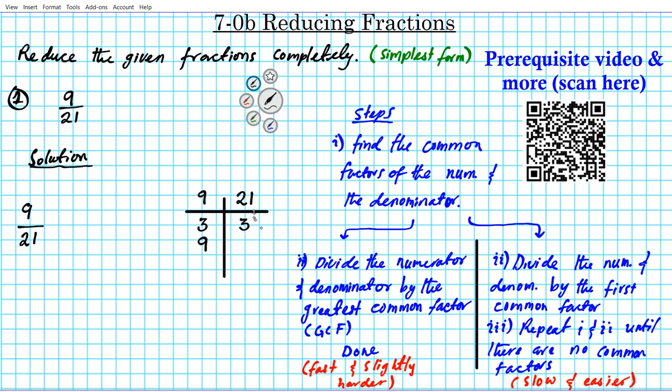4, no. 21 is not in the multiplication chart for 4. 5, 21 doesn't end in 0 or 5. 6, no. 6 times 3 is 18. 6 times 4 is 24.